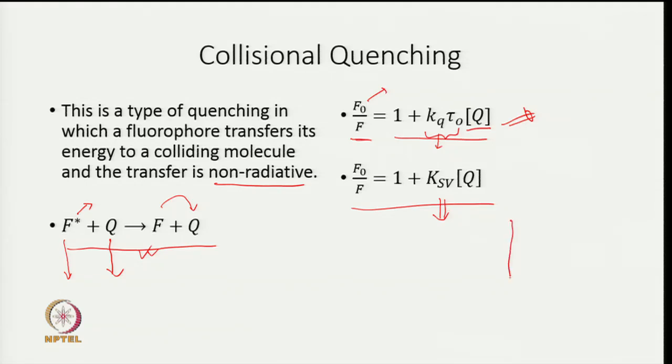If I plot F naught by F versus Q, I will get a straight line, the intercept will be equal to 1 and the slope will give you the value of K sv, and that is how we can calculate the Stern-Volmer constant.